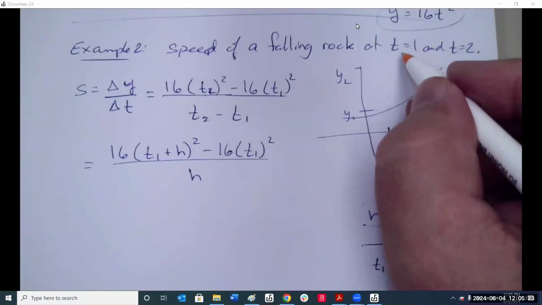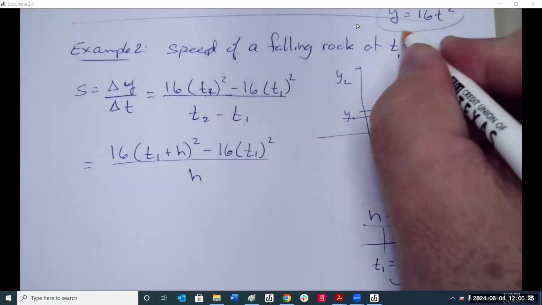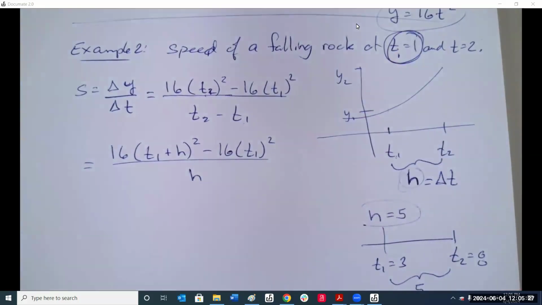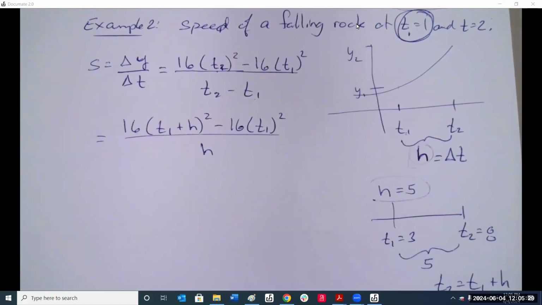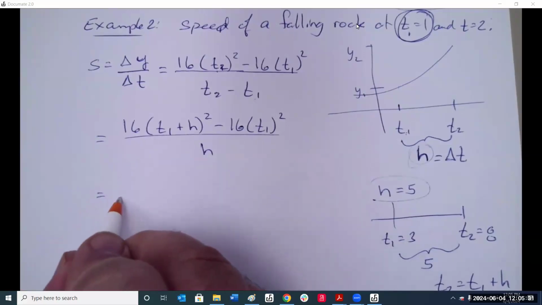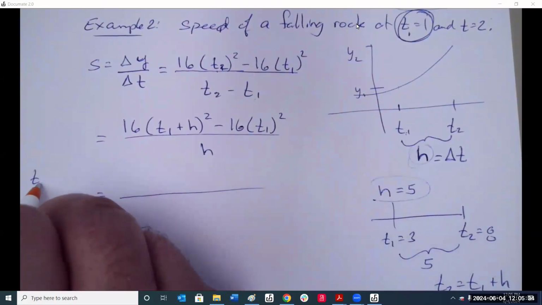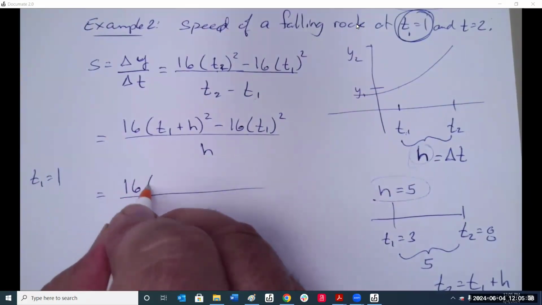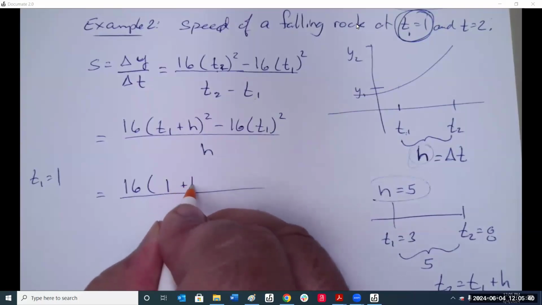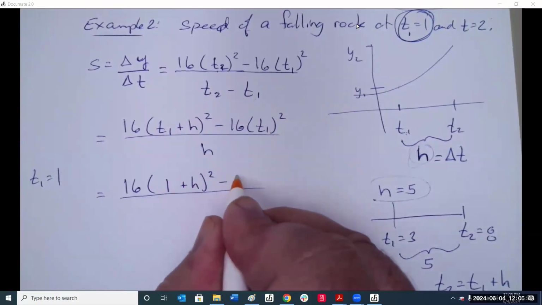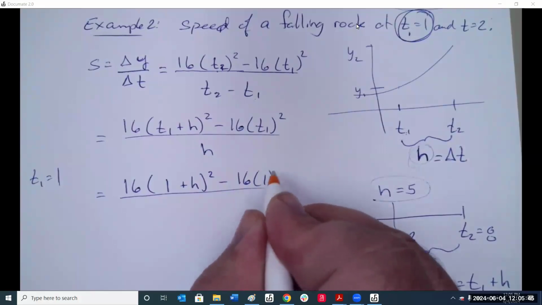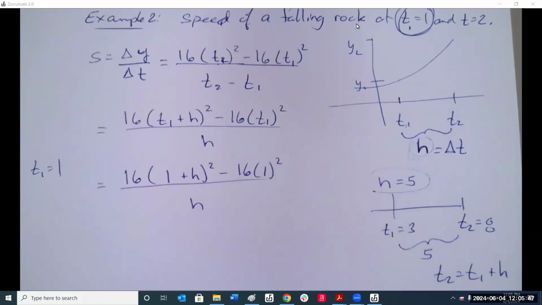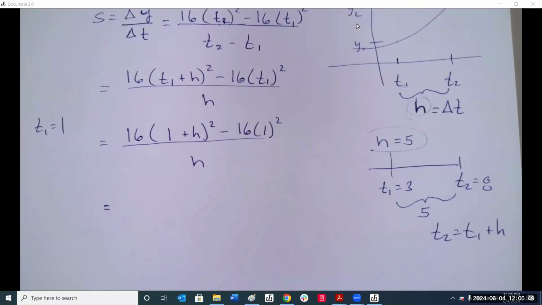So our first one, we're looking at T1, we're going to get when T equals 1. So when T1 equals 1, we have 16 times 1 plus H squared minus 16 times 1 squared over H. What do you have to do next?